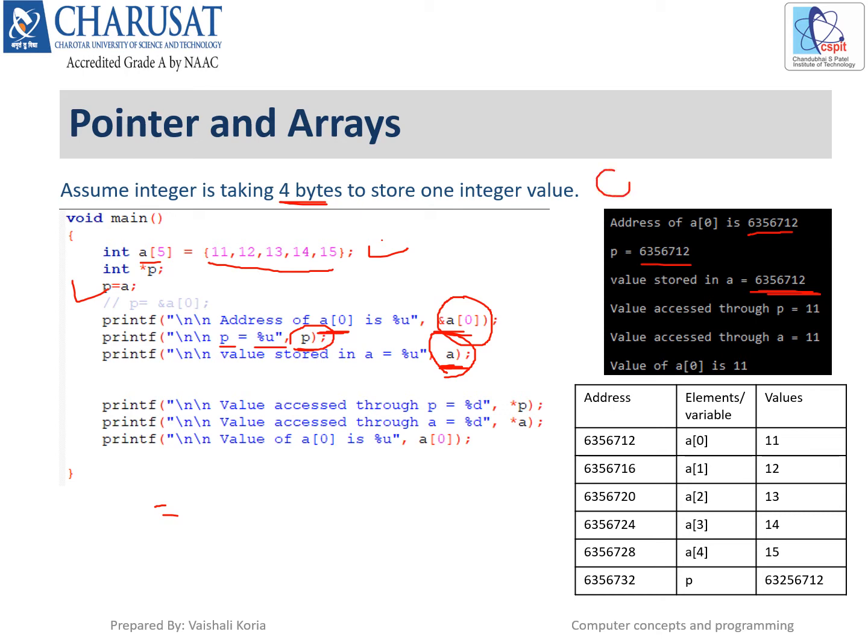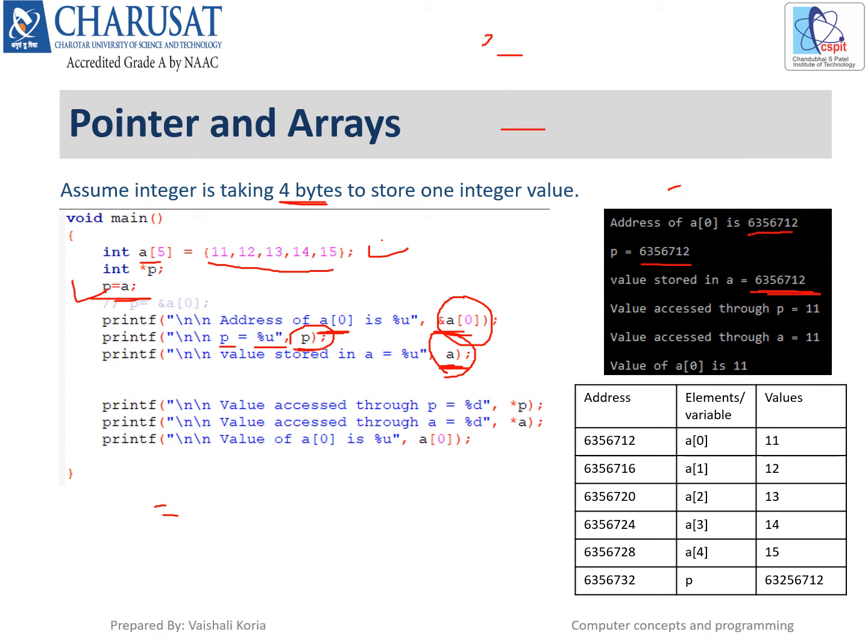So you cannot perform a plus plus or any other statement that may change the value of the array name a. This is not possible. If you have written p is equal to a, then you can increment the pointer variable like p plus plus, because it is not a constant. But the array name is a constant. It always stores the address of the first element only.